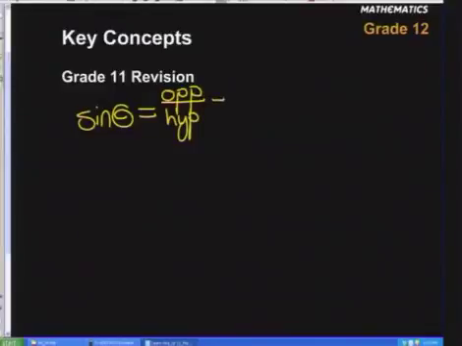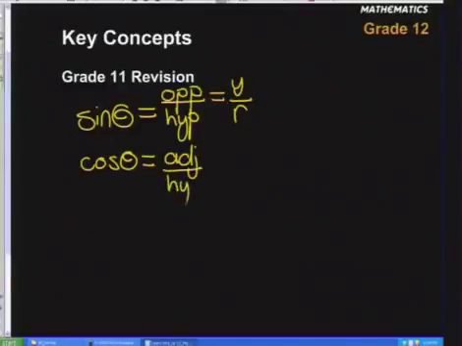So that is y over r. Definitely these sorts of things you guys should know, as I said, without even thinking about it twice. Then cos is adjacent over hypotenuse, and that, of course, is x over r.